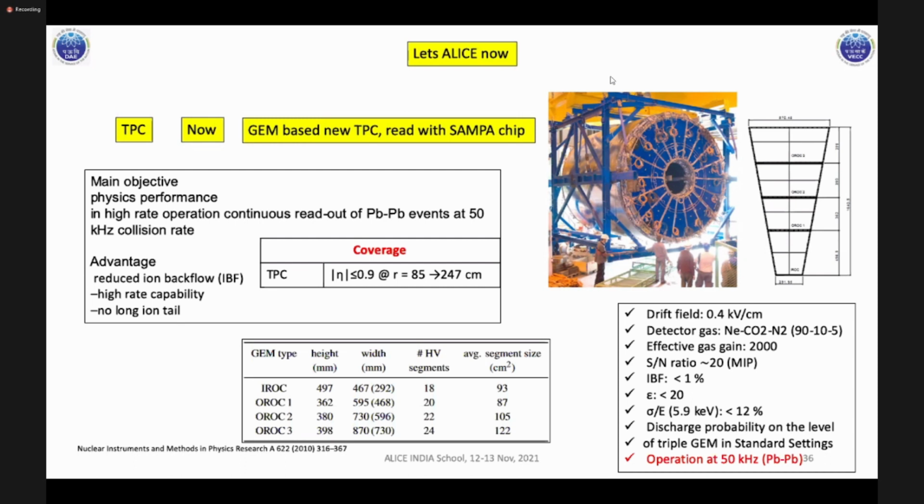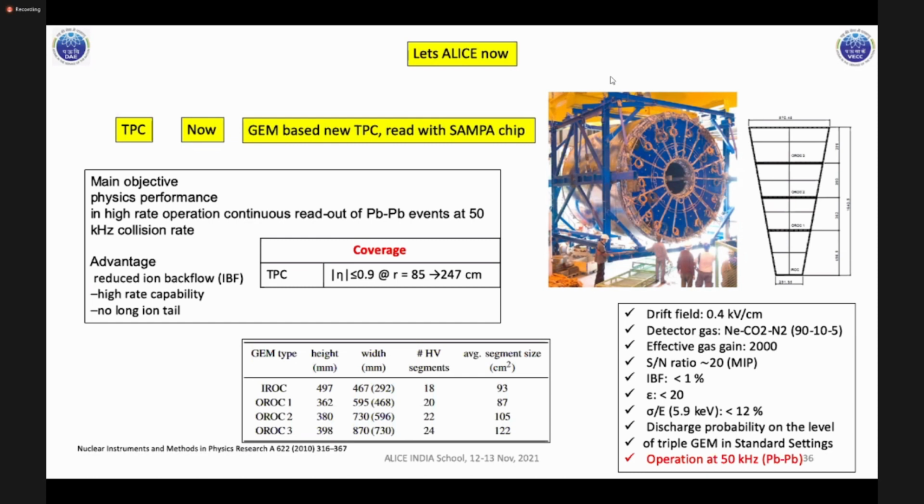And the advantage is, as I said during the GEM and MWPC discussion yesterday, there is no ion backflow as such. That's why the dead time for the detector is very less. So effectively, the detector will be very much capable. And I have listed the characteristics on the right hand side just below this picture for this detector.